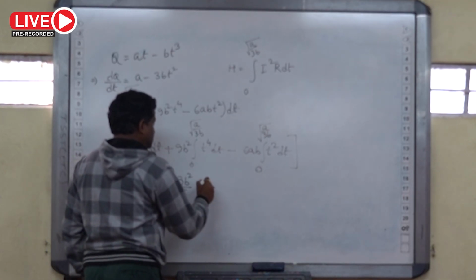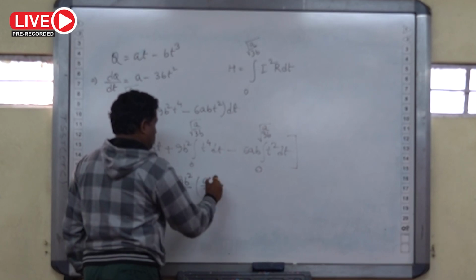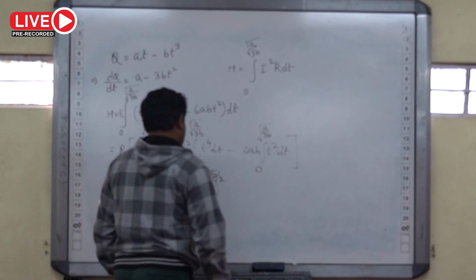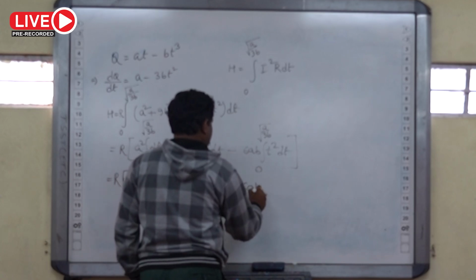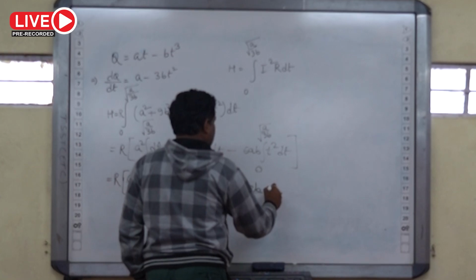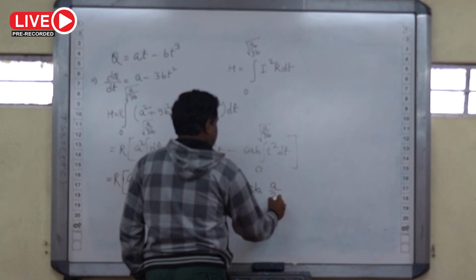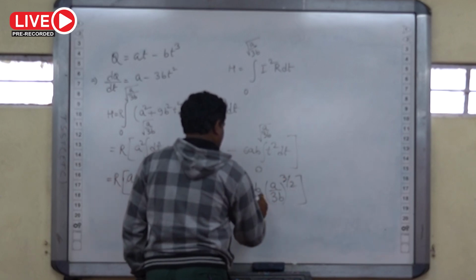So t to the power 5 means A by 3B whole to the power 5 by 2. Then minus 6AB t to the power 3 by 3. So it will be A by 3B to the power 3 by 2.